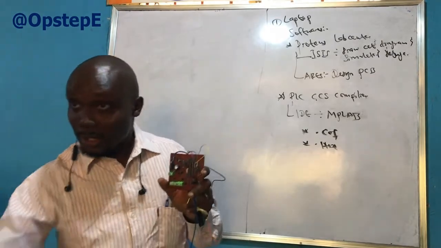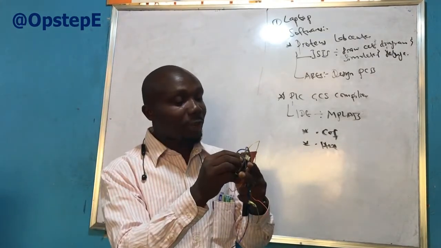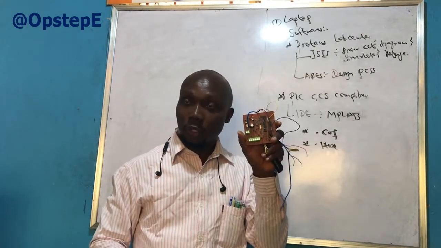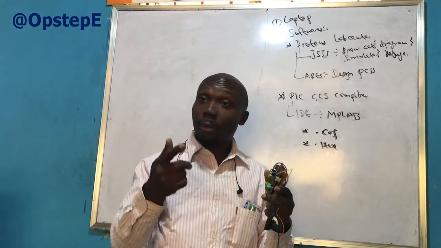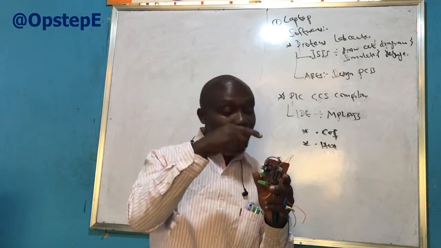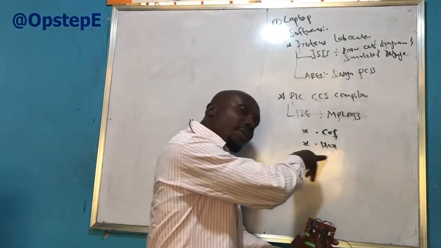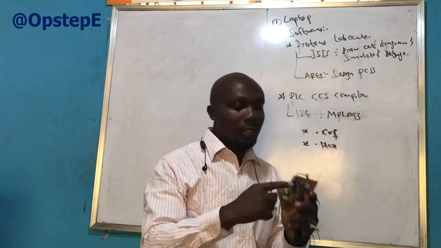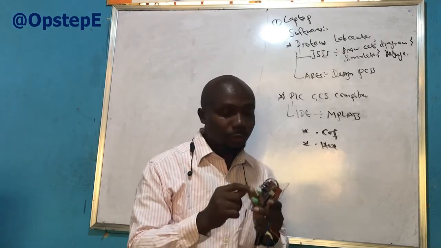So I can simply get the microcontroller and attach it to the seat. Does it make sense? And then I get my programmer, and through my in-circuit serial programming port, I can transfer the hexadecimal file from my laptop through my programming device into this IC. Does it make sense? That's what I can do.